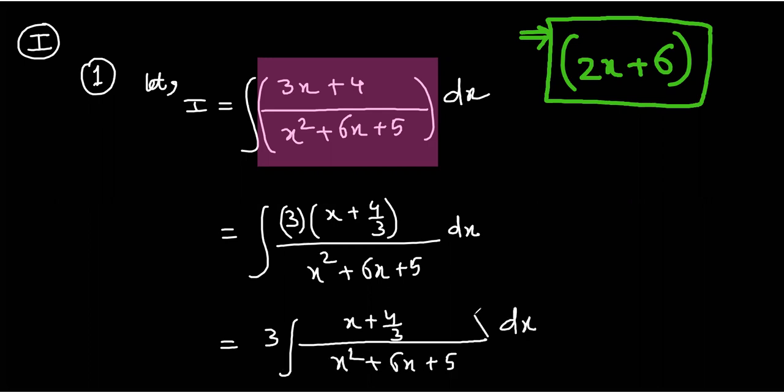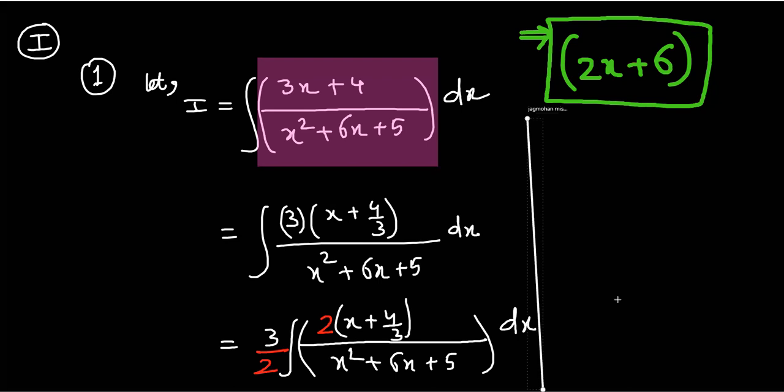Remember students, I want the numerator to be 2x plus 6. So I multiply 2 here. If I'm multiplying 2 here, I have to divide by 2, right? So see what it will become.